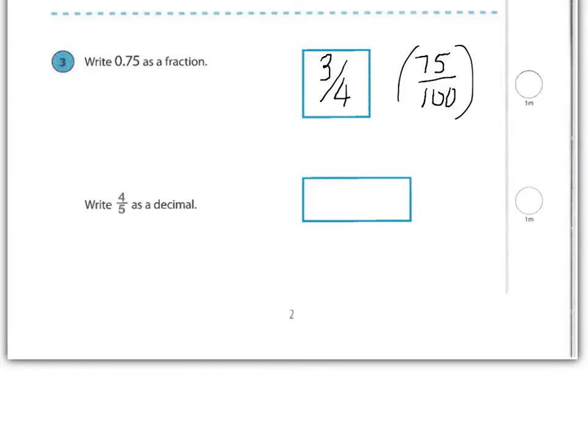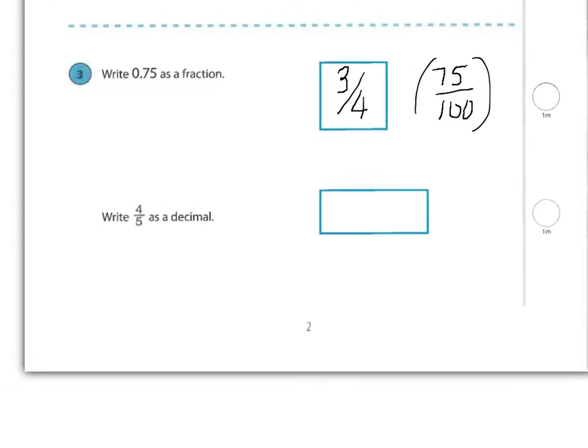Personally, I would convert the 4/5 into an equivalent fraction with tenths as the denominator. To do this, I would double top and bottom. So 4/5 is the same as 8 tenths. And then I know that 8 tenths is 0.8, which is a case of putting an 8 in the tenths column.